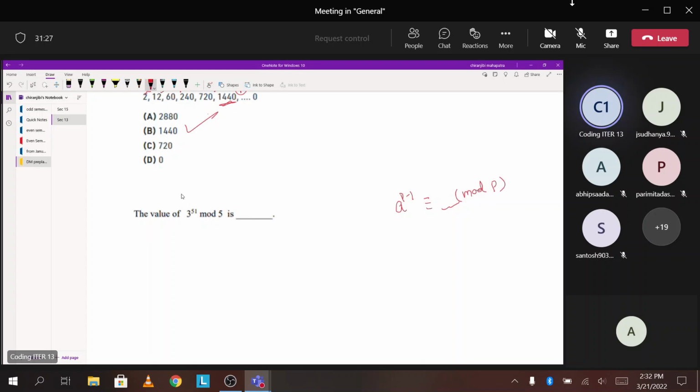So a to the power p minus 1 congruent to 1 mod p if p is a prime, and for a composite number it is a to the power something, congruent to 1 mod.